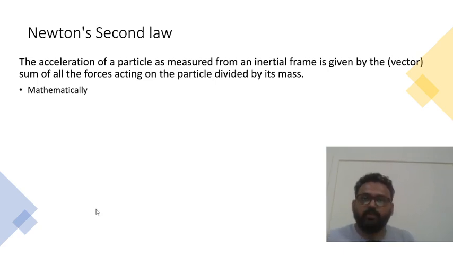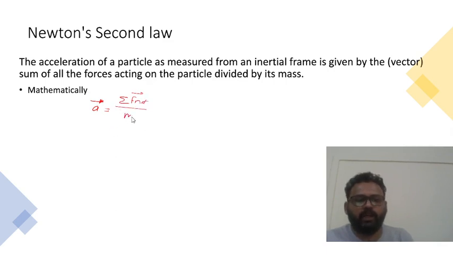The acceleration measured from an inertial frame of reference gives the acceleration, which is equal to the sum of all forces acting on a particle divided by its mass. Let's denote the sum of all forces as F net and divide by its mass, which gives a famous formula: force is equal to mass into acceleration.